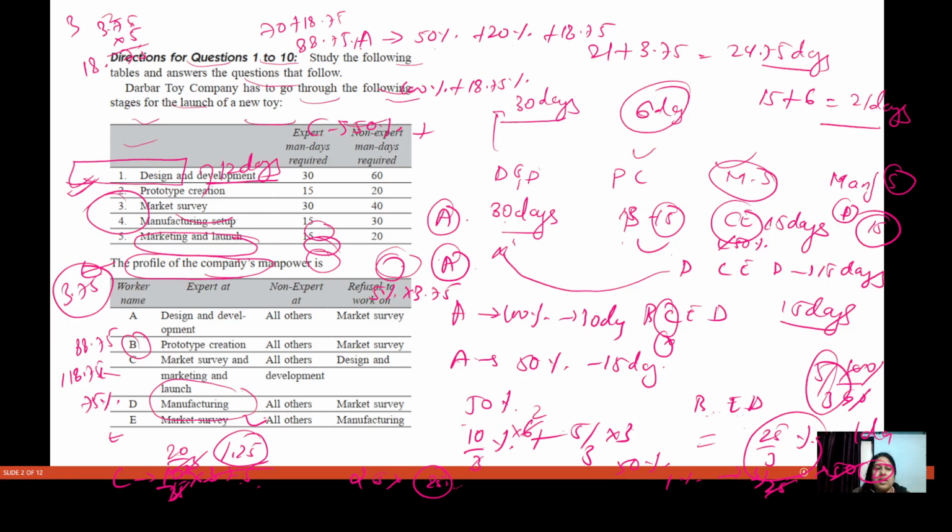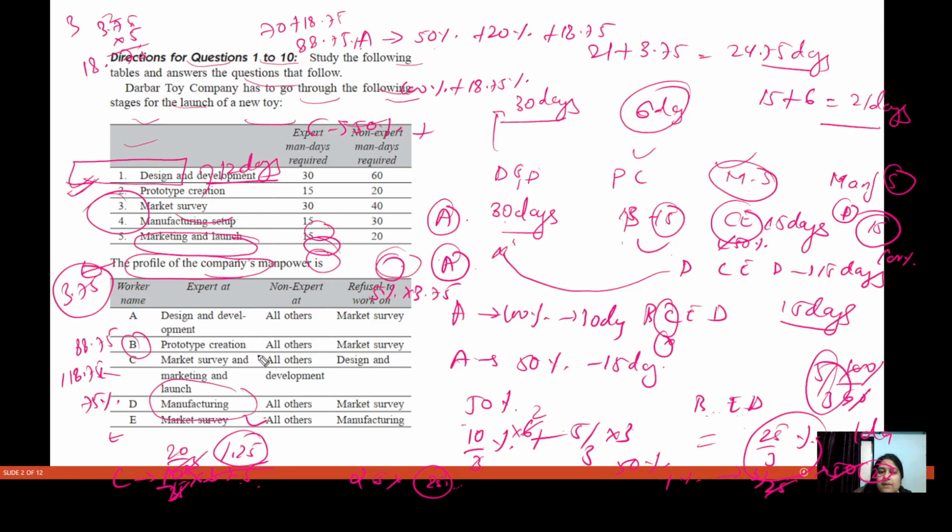See, D is doing how much of the work? D is doing 100% of the work, his own work. And whether D is going for doing this design and development work. Yes, D is also going for doing design and development work.